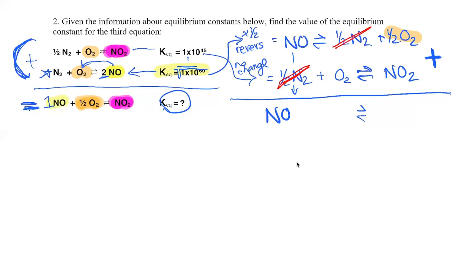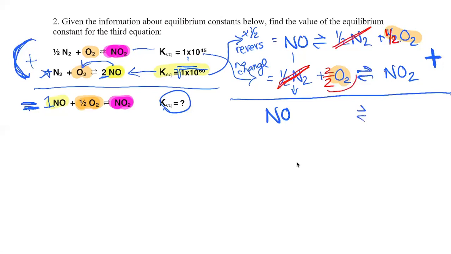For my oxygens, okay, I'm now going to be able to see better how I'm going to add them up. I've got 1 oxygen on this side, which you can think of as like 2/2, and this oxygen is 1/2. And when I add them together, when they're on opposite sides of the equilibrium arrows, you're kind of like subtracting one from the other.